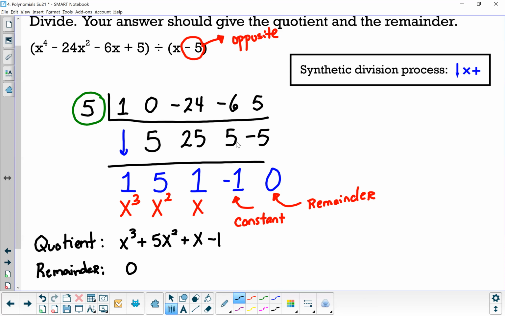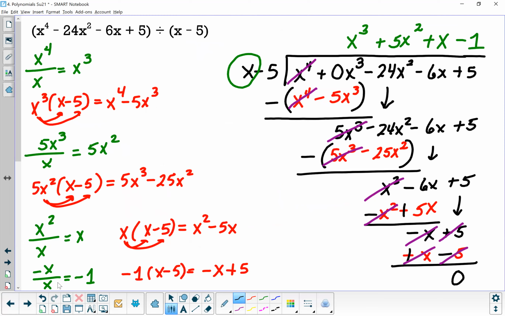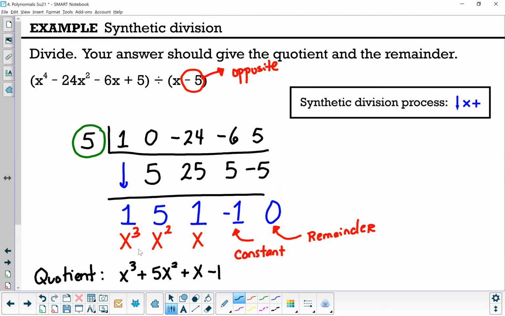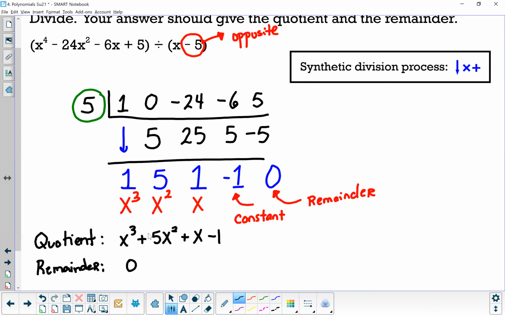Okay, so if you compare the work that we have here to when we did the long division, we have the same answer. Long division, in this case, does take a little longer, requires more work, you should get the same answer. So on a question like this, it'll be quicker if you use the synthetic division.